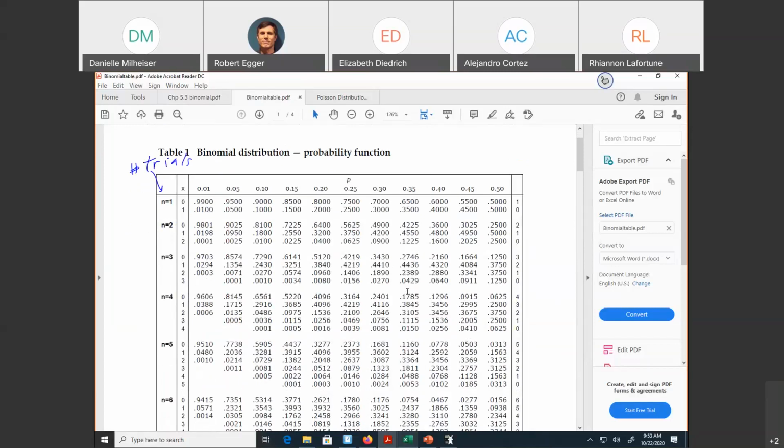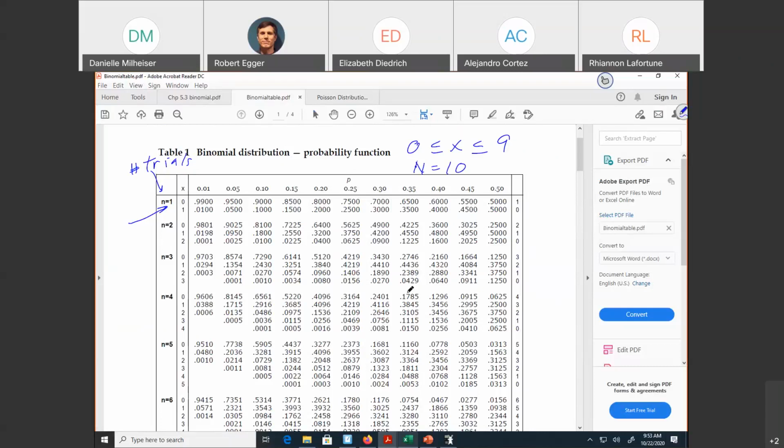Let's look at these. So what is the table telling me? Let's say I'm picking a random number between 0 and 9, 0 less than or equal to x less than or equal to 9. Which means my sample size is 10.